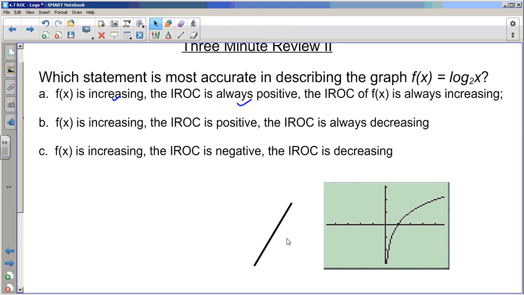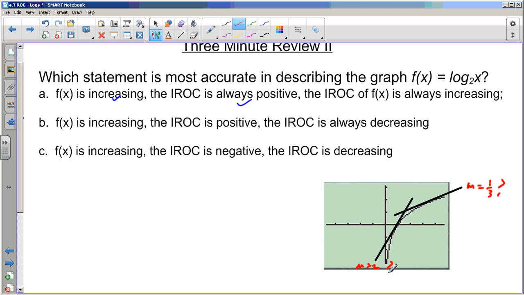Have a look. Right here, I don't know what it is. I suppose I could calculate it, but this might be an m of, say, 2. The slope of this tangent is 2. But if I move further along, what might this slope be? This might be a slope of 1/3 or something. Who knows? I'm just guessing here.